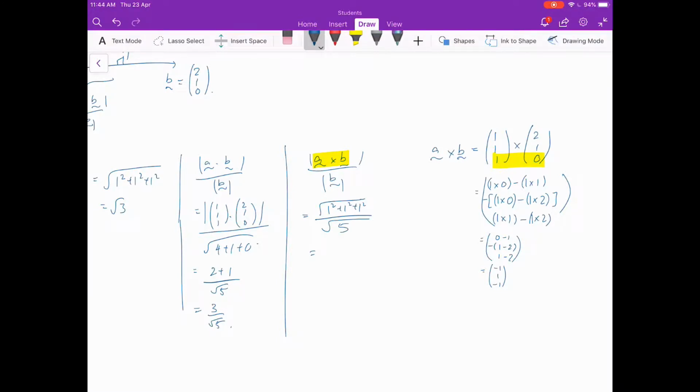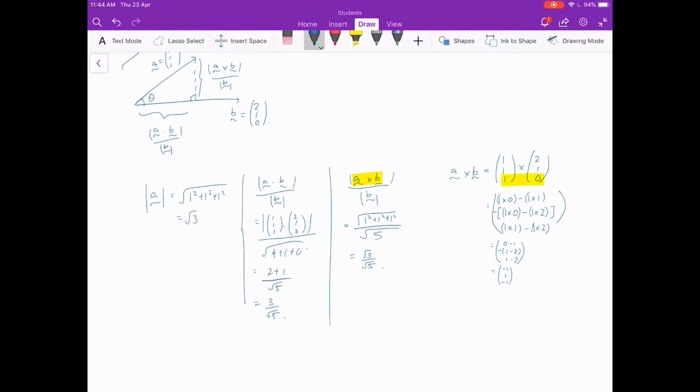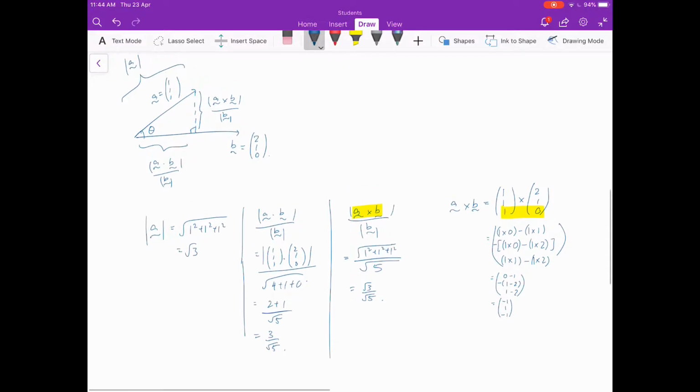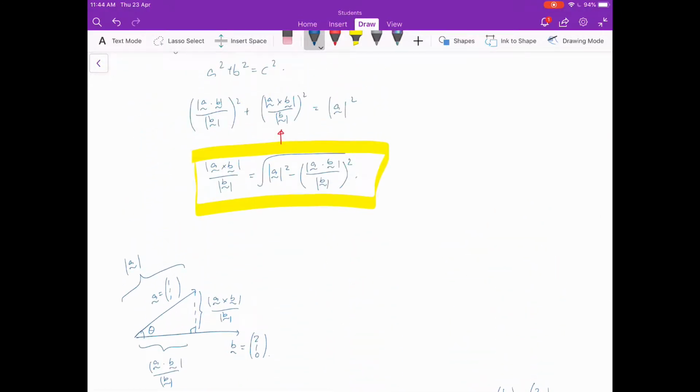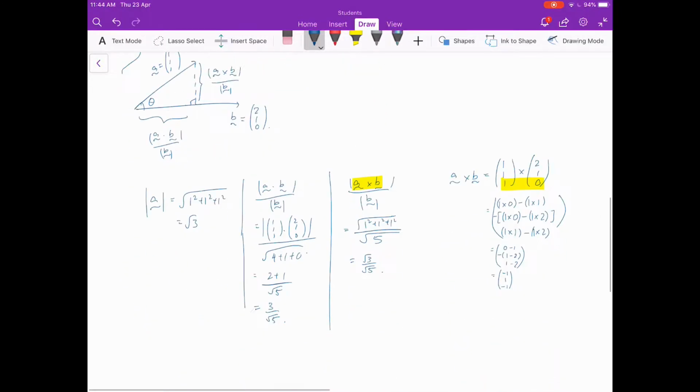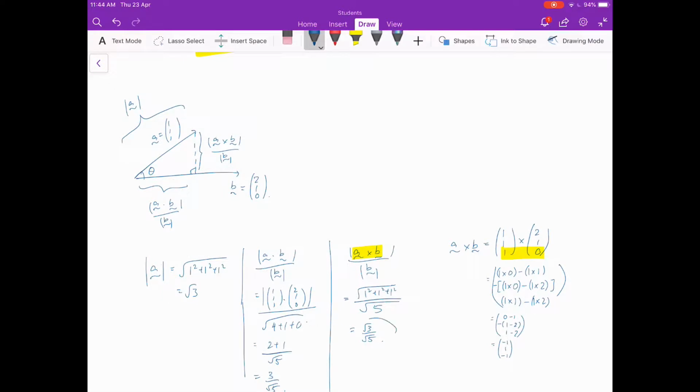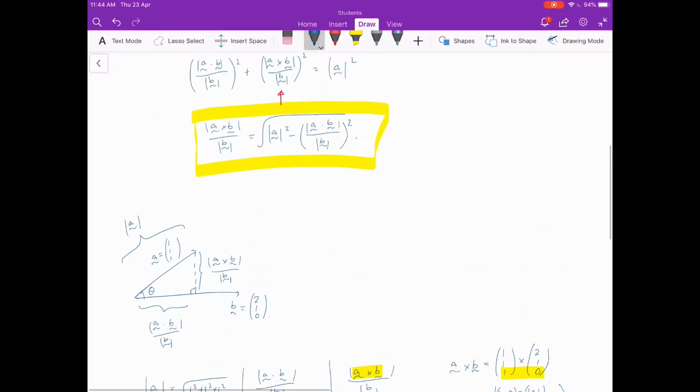So you'll be square root 3 over square root 5. I could merge them together, but I'm choosing not to. You'll see why. Okay. Now let's test to see if it's really true, this formula over here. So it says that this one is the same as square minus d square whole thing square root.